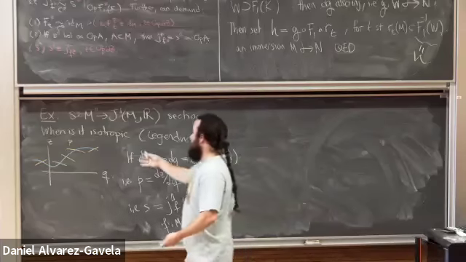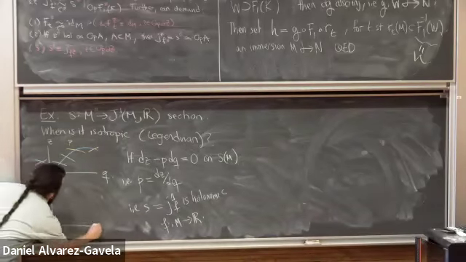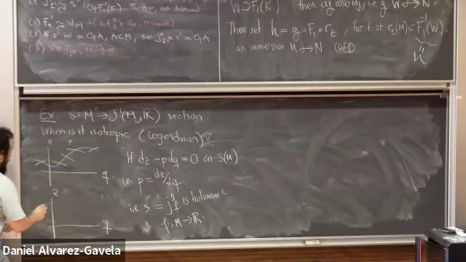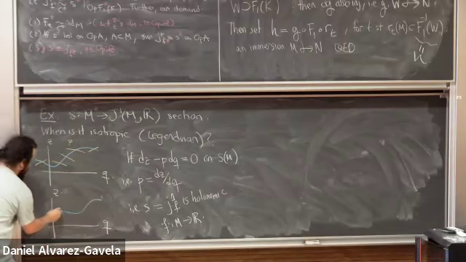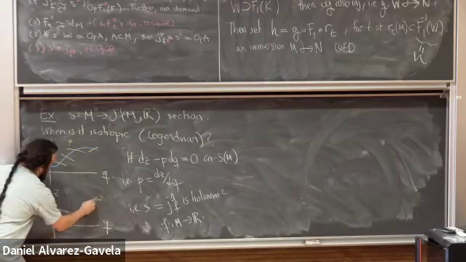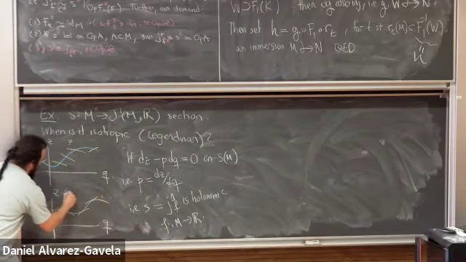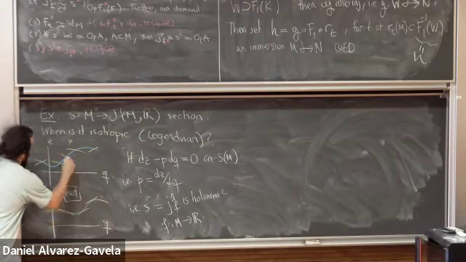So it means that the p's are tangent. So this one is isotropic. This one is not.